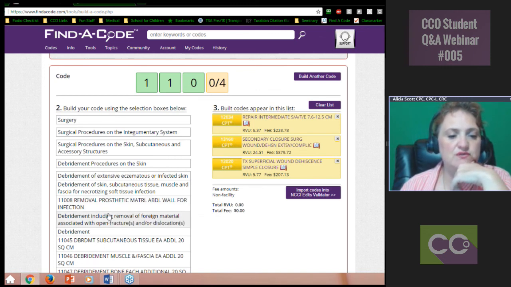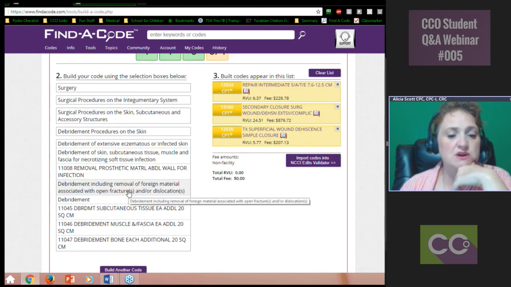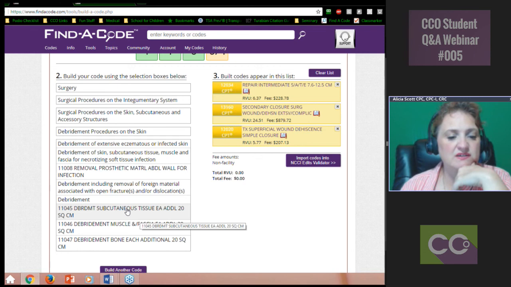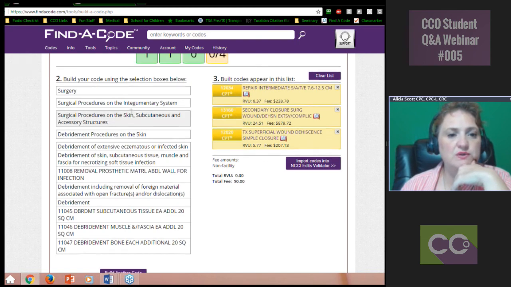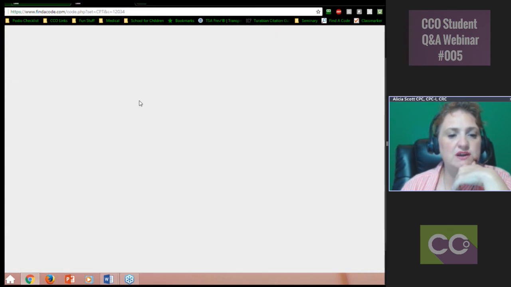Removal of a foreign body? No, because there was no foreign body. They didn't debride the subcutaneous tissue per se, because the code that we want is actually going to be a 13 code. So let's go look at 12034 now that it came up.